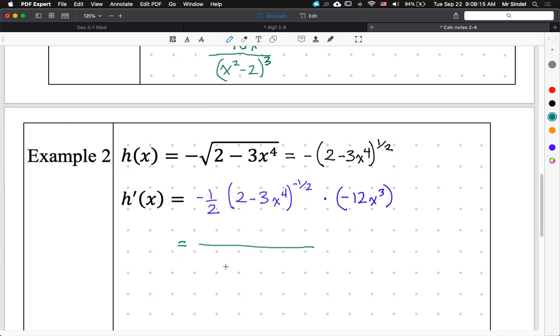Would this be negative half? I don't know. Let's only look at this term, this expression right here. That's all to the negative 1/2, which means it's really down in the denominator as a positive 1/2, right? 2 minus 3x to the power of 4, all to the positive 1/2. And then these two can technically be left in the numerator. Let's multiply negative 1/2 times negative 12x to the power of 3.